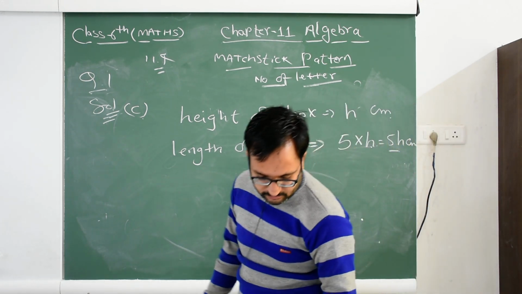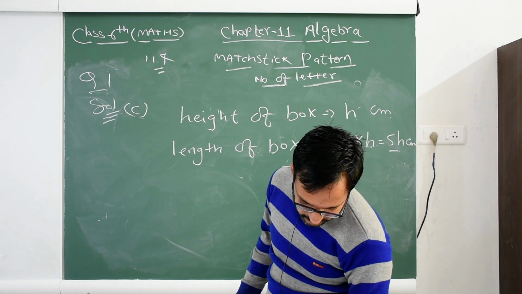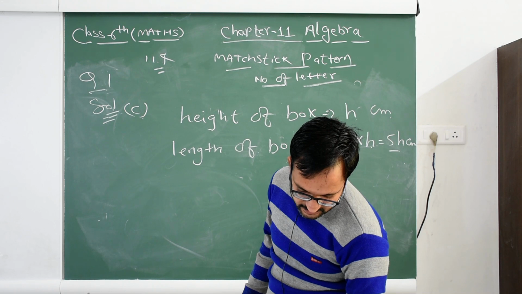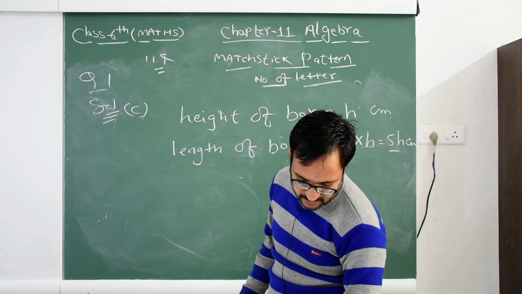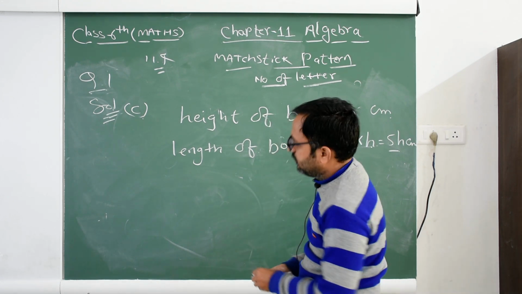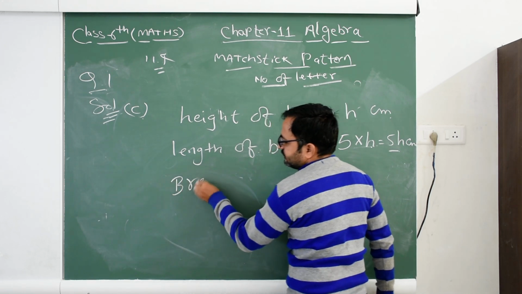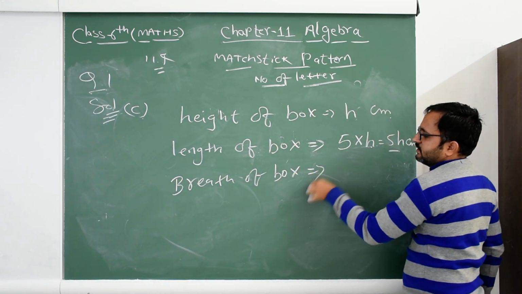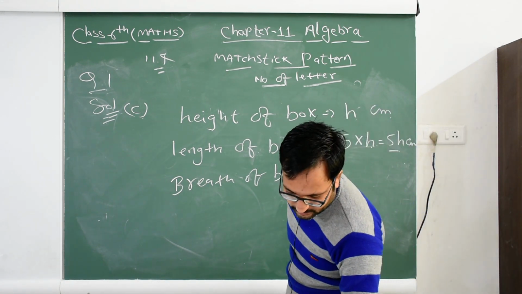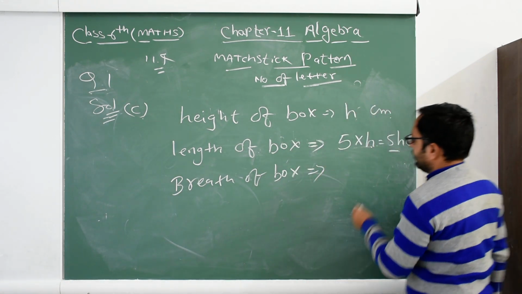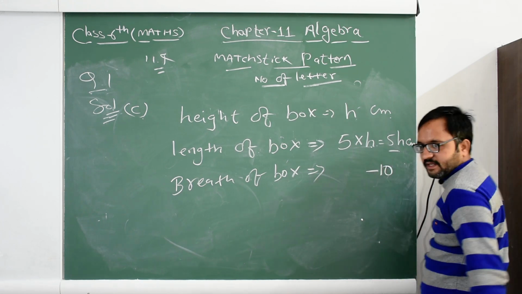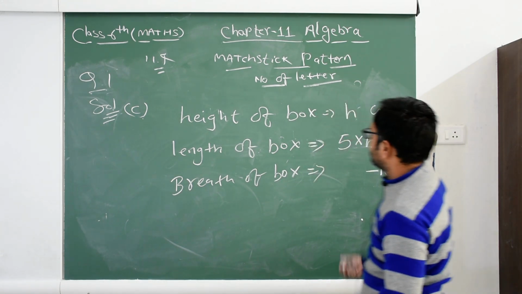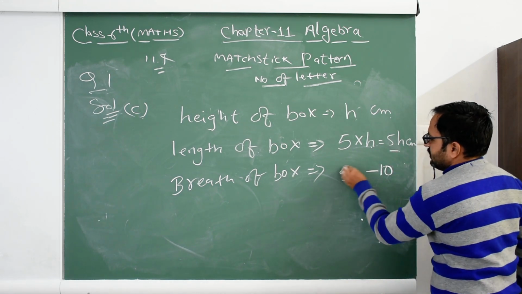And the breadth is 10 centimeters less than the length. So what is the breadth of the box? Breadth is 10 centimeters less, that means minus 10. So what is your length? 5h.